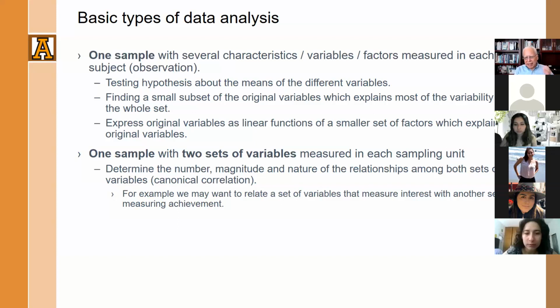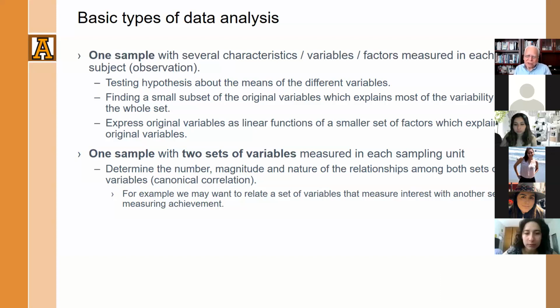For example, I may have a set of variables that measure family-related characteristics of the individual: their parents are divorced or not, the area where they live, do they have siblings, do they practice sports, and so on.